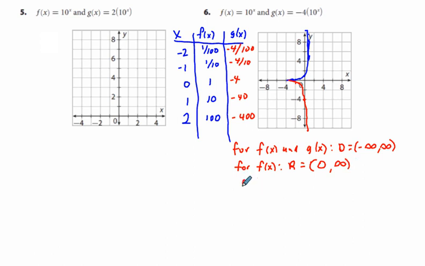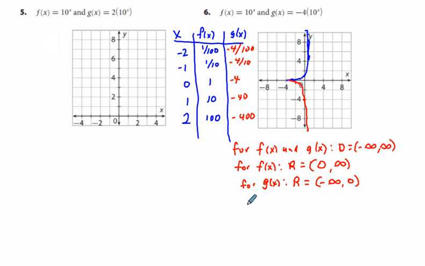And for g of x, we're coming from negative infinity going up towards 0. So we're going to have negative infinity up to but not including 0.